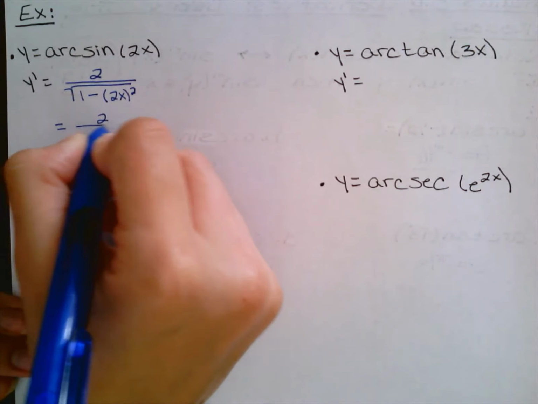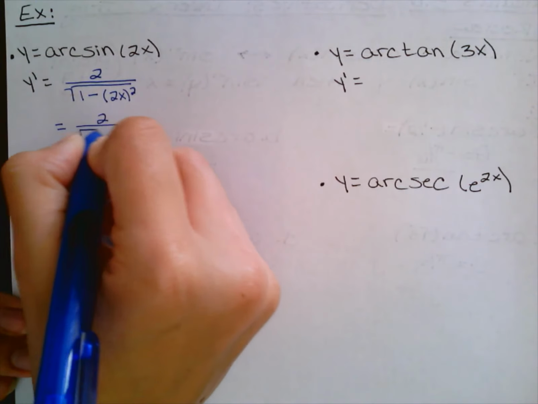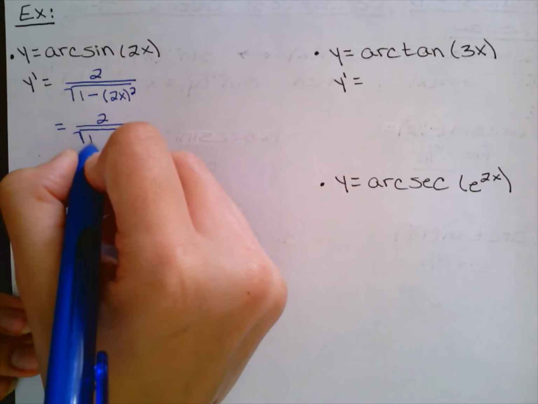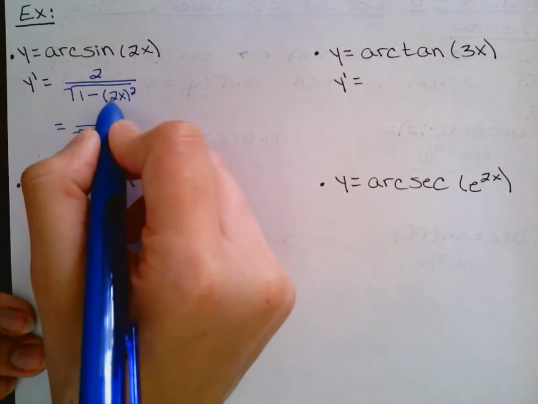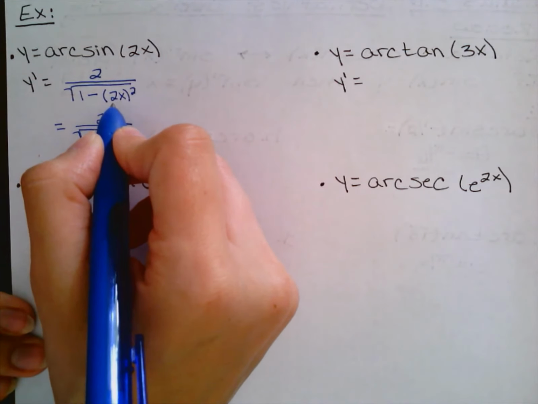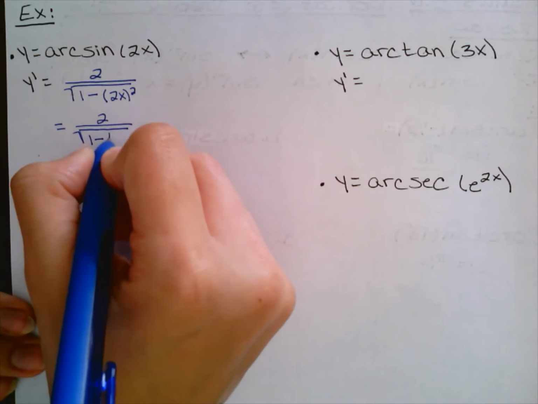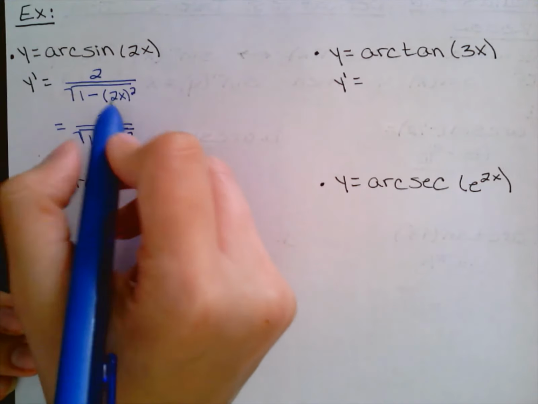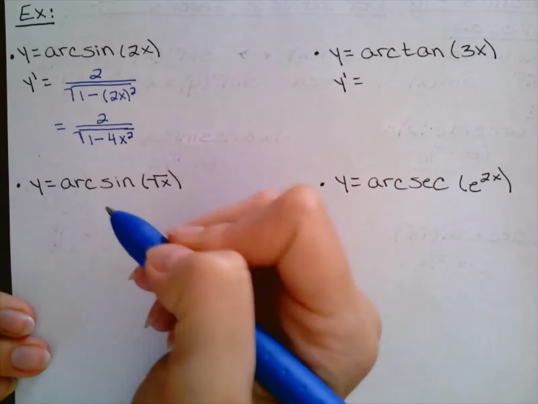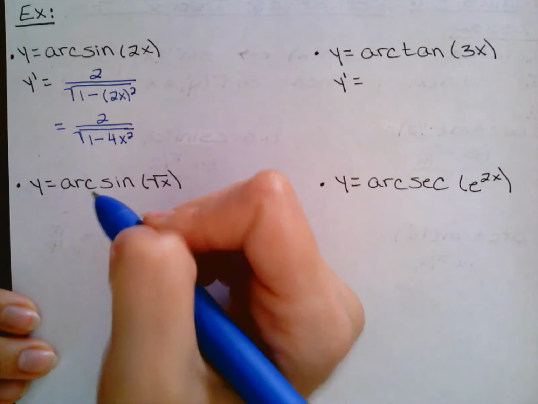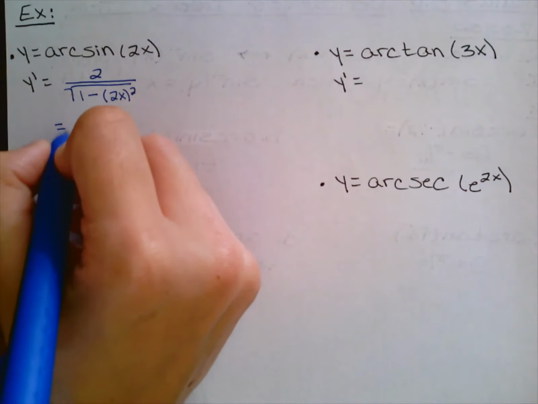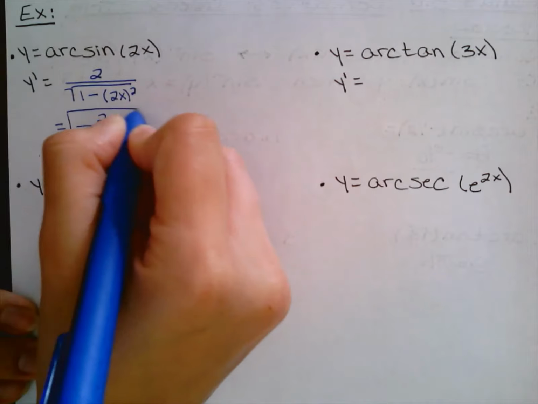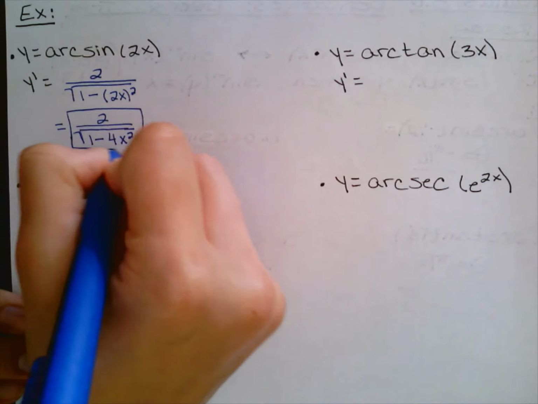So I'm going to put 2 over square root of 1 minus. Remember that exponent belongs to both terms. Be careful not to put 2x squared. You can bet just about anything that 2x squared is going to be an option in the multiple choice, but it will be wrong. It's how they trick students, okay? You must give that exponent to both of them.